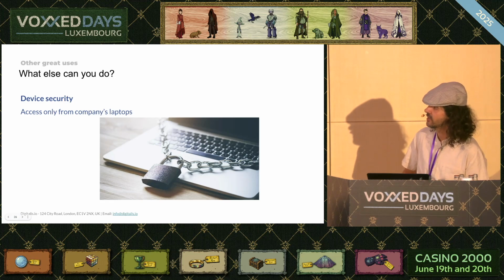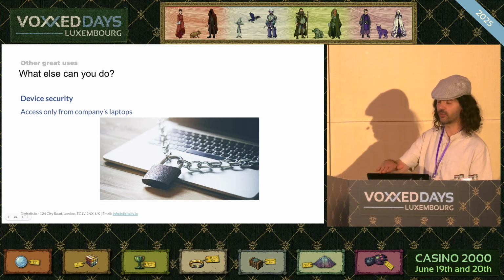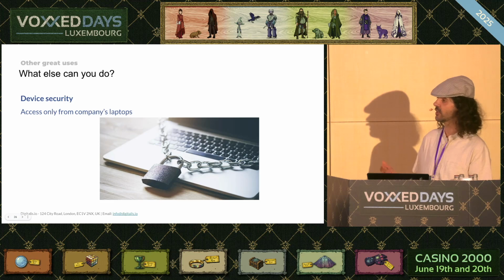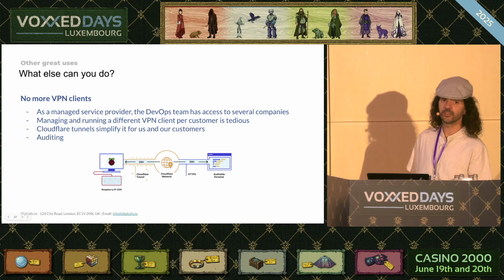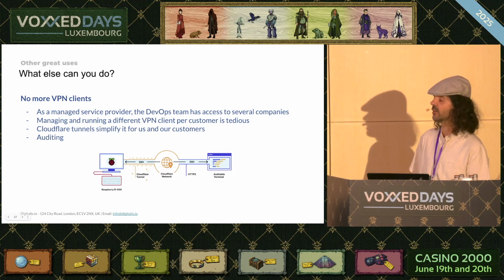You get all the device security, so I could configure my laptop so that this tunnel can only be used from this laptop, based on the serial number. So it gives me an additional security level. And because it can use tunnels to skip all the VPN requirements, if I set up my tunnels via Cloudflare, I don't need a VPN.